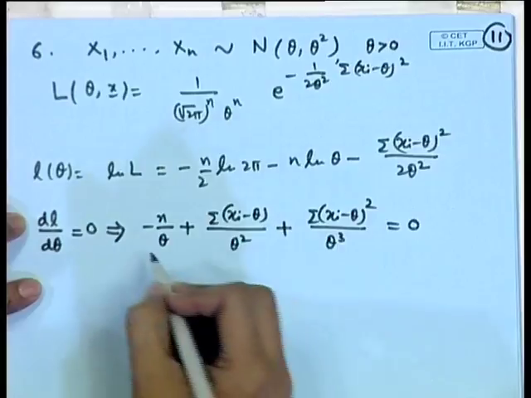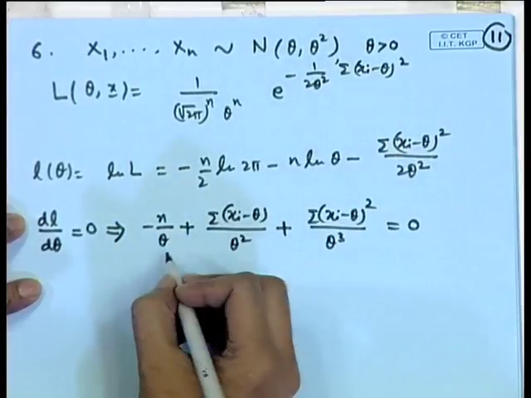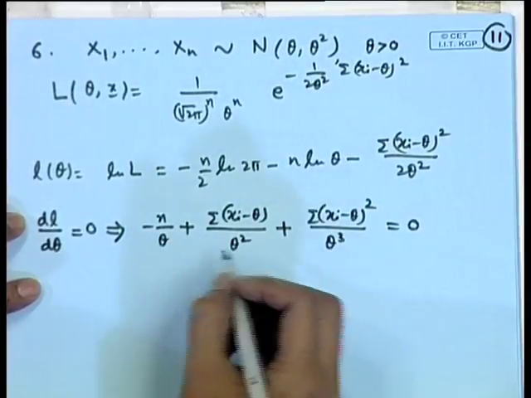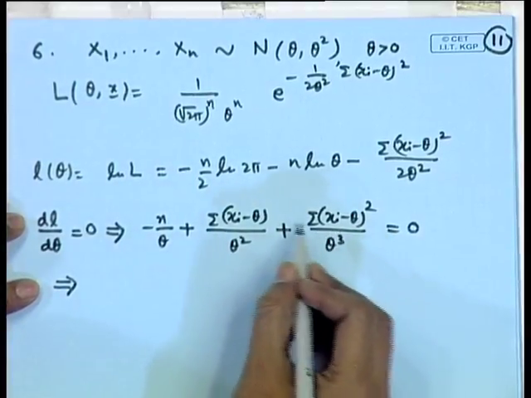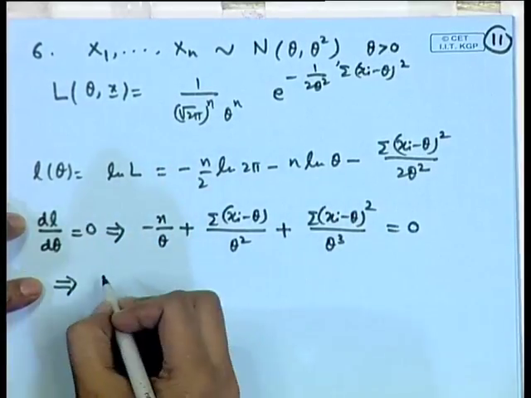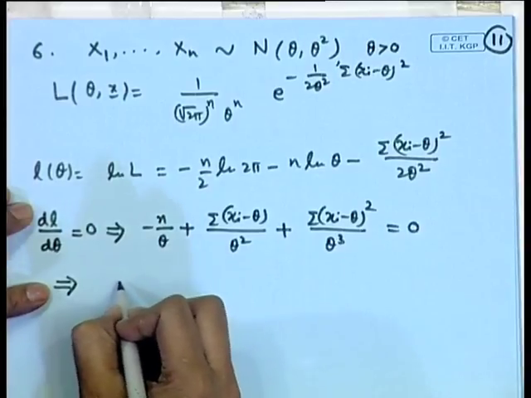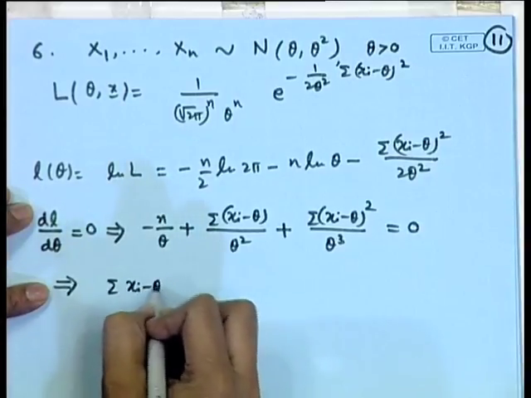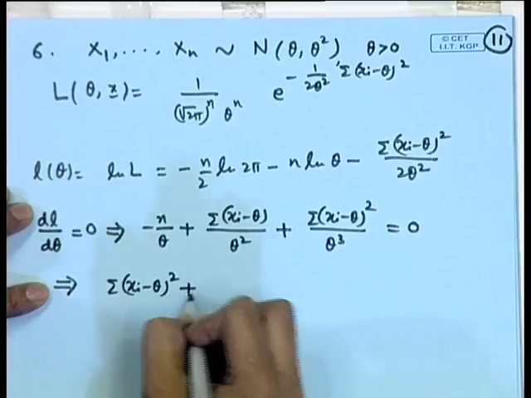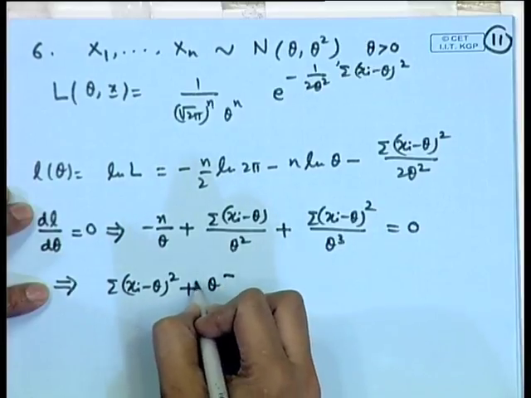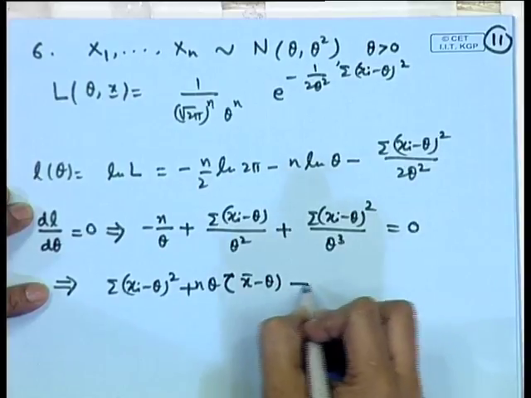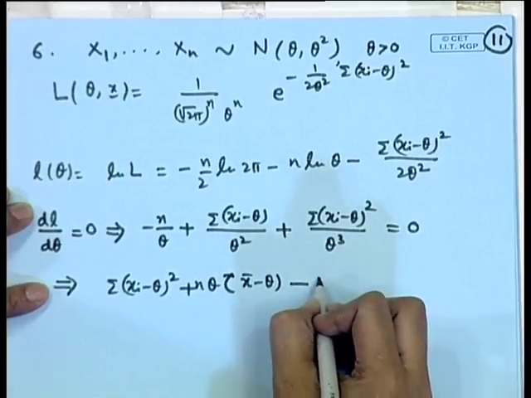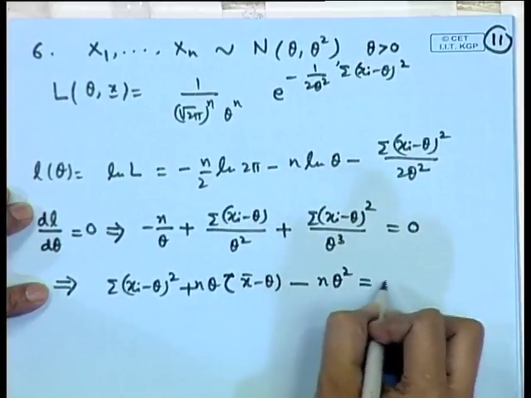If theta is taken to be positive, I can strike off one theta. Multiplying by theta cube in the full equation, we get sigma (xi minus theta) square plus theta into n (x bar minus theta) minus n theta square equal to 0.